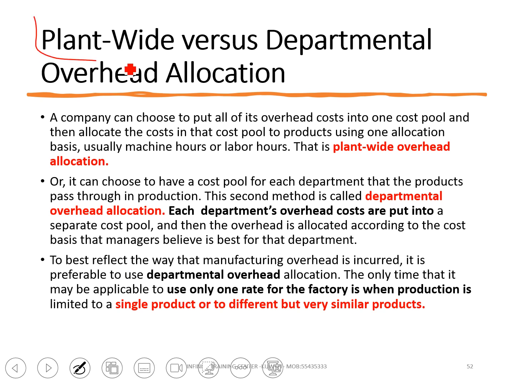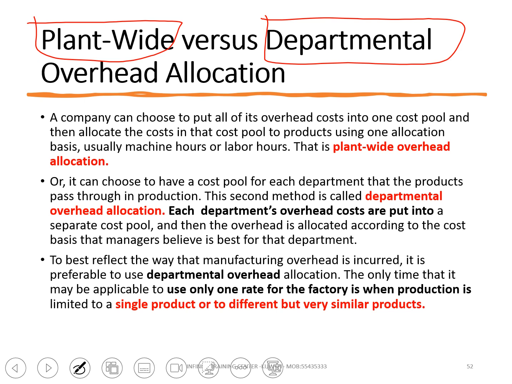And now we have a plant-wide and departmental allocation method. This is similar to the traditional method and the other methods. Plant-wide means for the complete plant you have just one allocation base. Departmental allocation means for every department you will have a different allocation base. Again, this depends on how many products you are making in the factory.